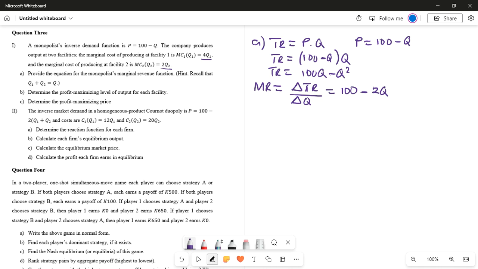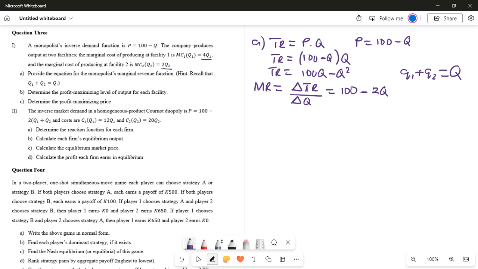Now what we also know is that because we've been told in the question that this Q, after adding Q1, the output produced at facility 1, plus the output produced at facility 2, that is when you're going to get the total output produced by this firm, right?